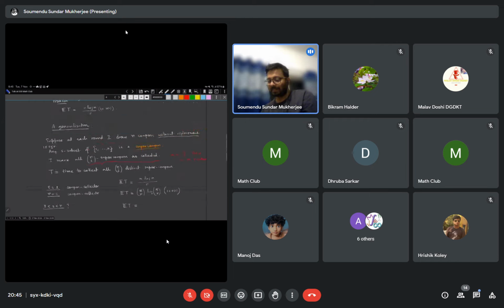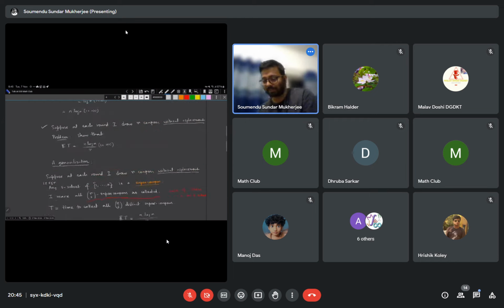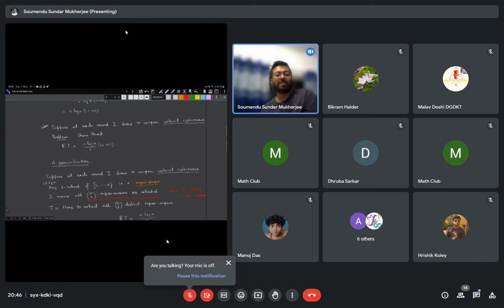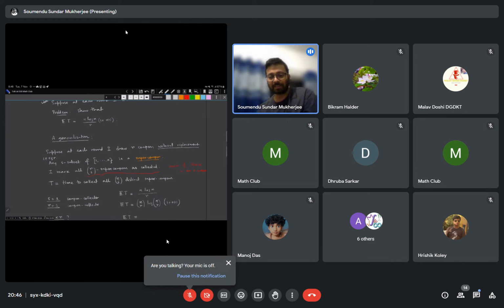At each round, I'm drawing R choose S many super coupons without replacement, and I want to collect all the super coupons. So I know what the answer will be.